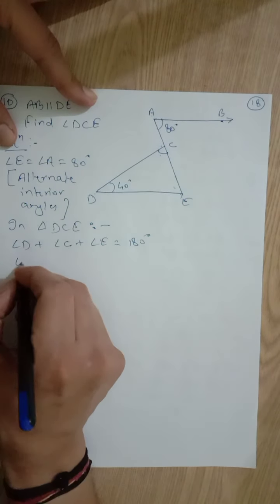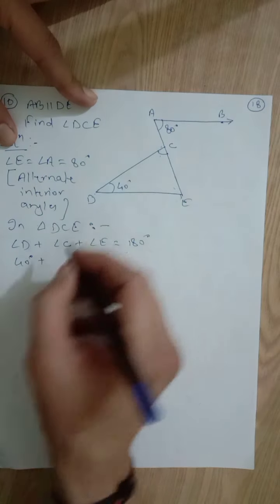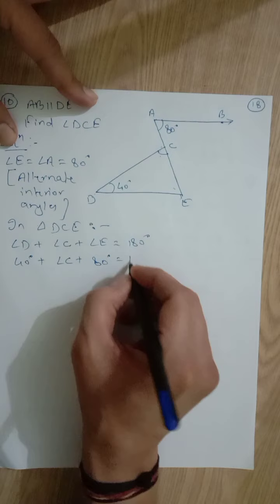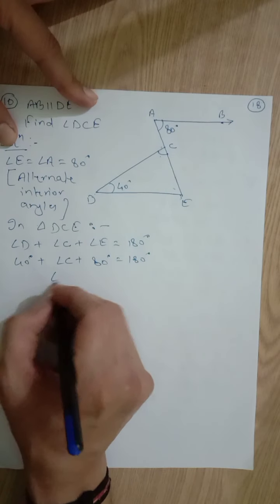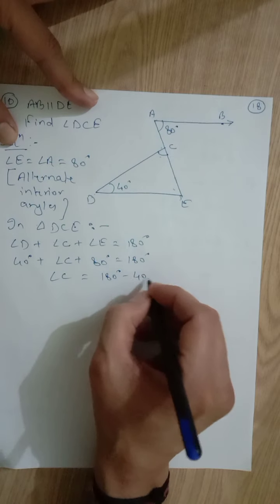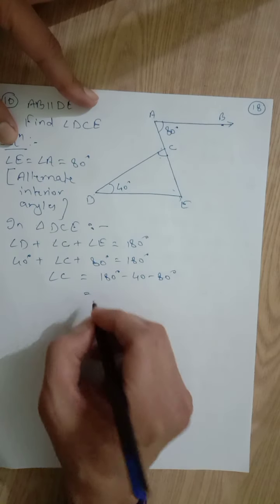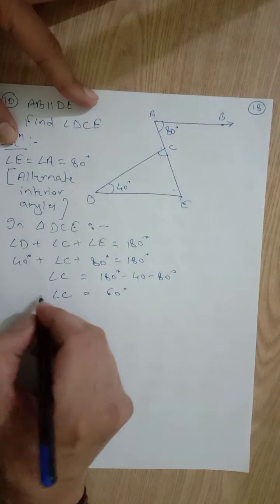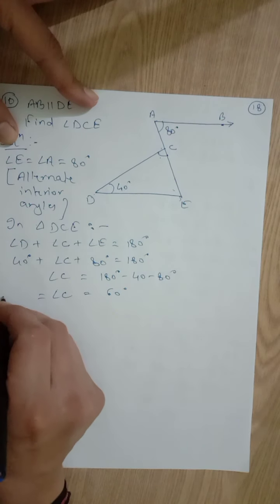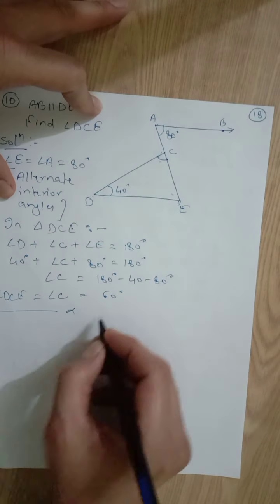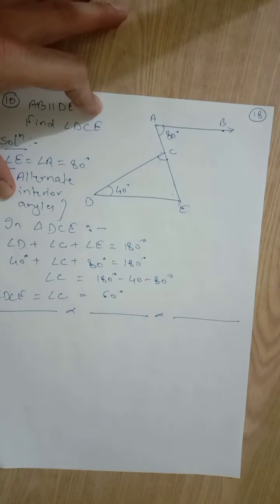Now angle D is our 40 degree, angle C we have to find out, and angle E was 80 degree, means 180 degree. So we can say angle C will be equal to 180 degree minus 40 minus 80 degree. This is 60 degree. So angle C, which we can say is angle DCE, is 60 degree. Okay, hence this is solved. Very easy sum.